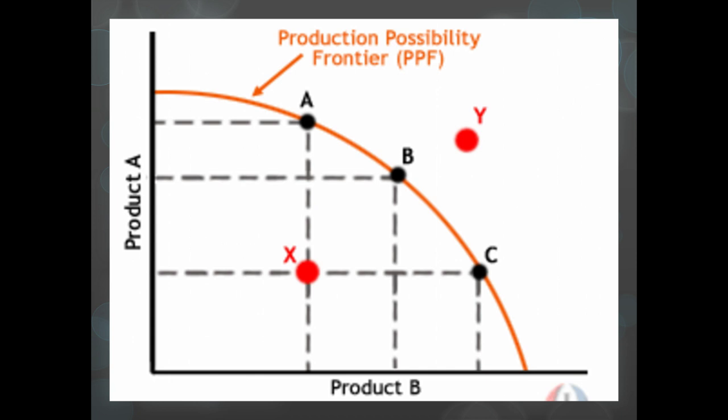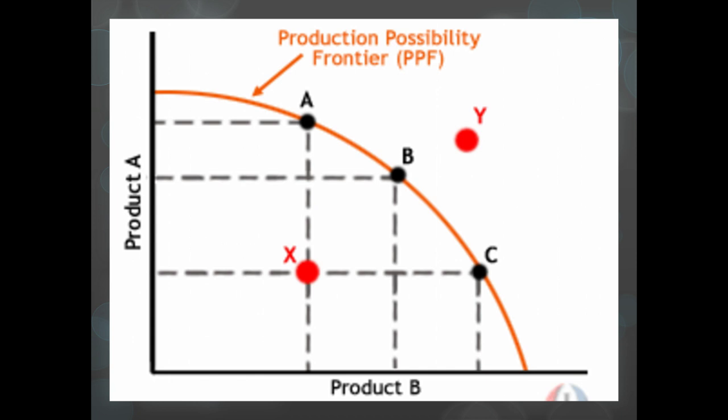For example, here are point A, point B and point C. Any point on the production possibility curve means fuller utilization of resources. That is, the economy is fully utilizing all the available resources.